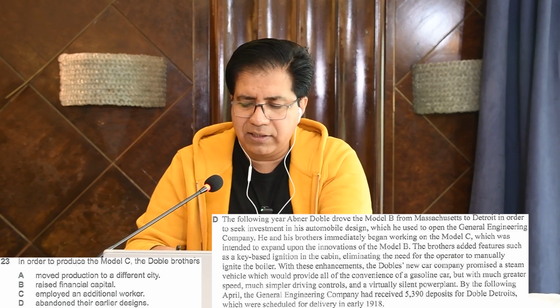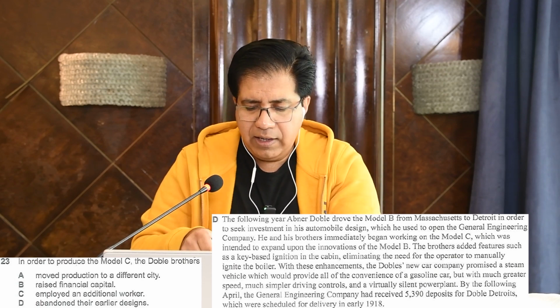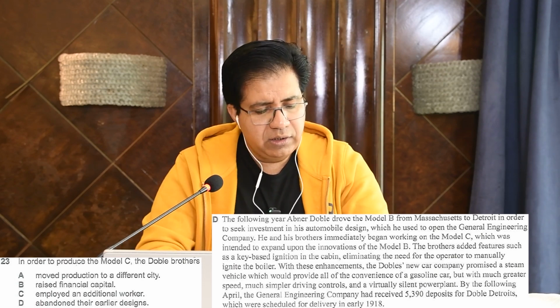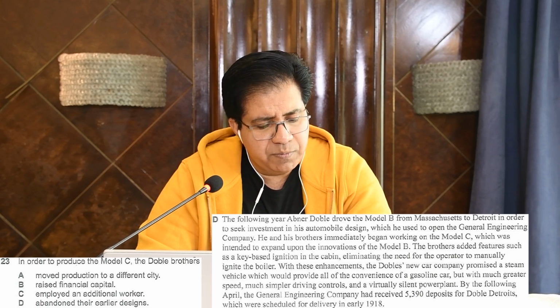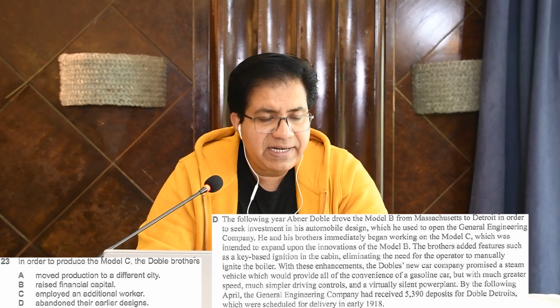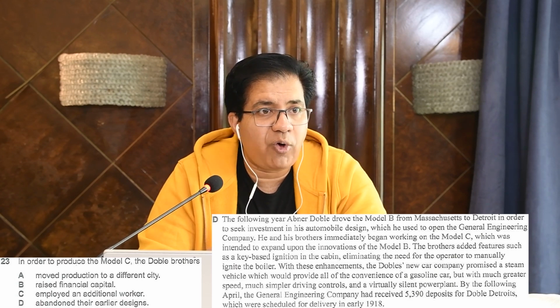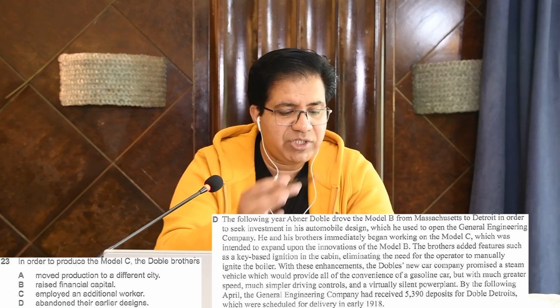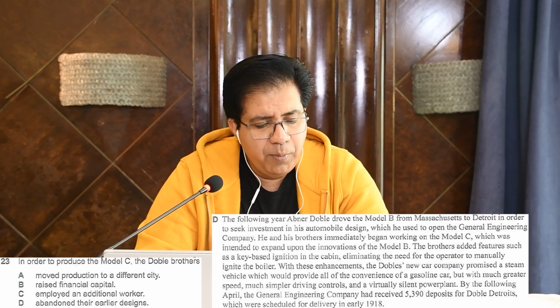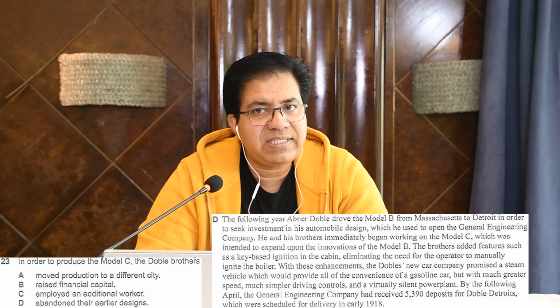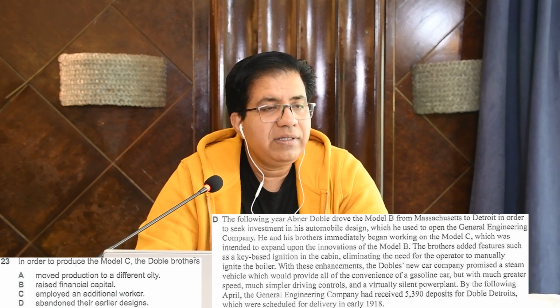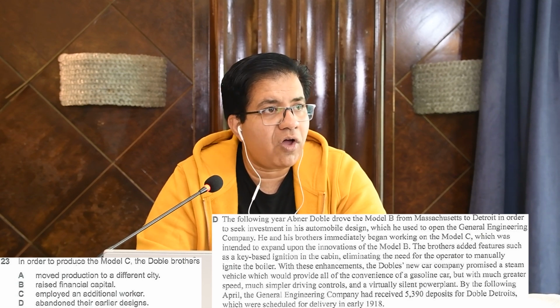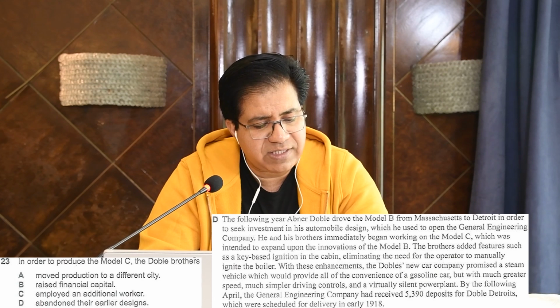Now please come back. And what's the question? The question is, in order to produce Model C, what is it that they did? They traveled to Detroit, right? And they made some changes in the car. Option A, moved production to a different city. No. They talked about Detroit, but they did not talk about moving production to a different city.